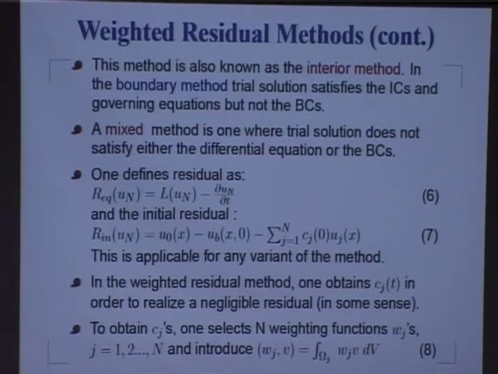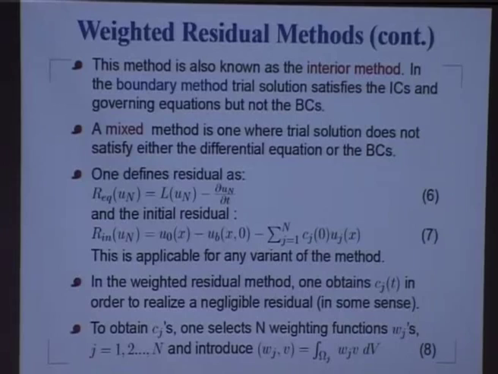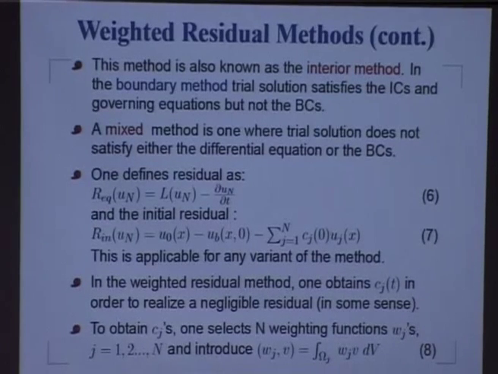In contrast, you can also have boundary methods where the trial solution is chosen in such a way that it tries to satisfy the initial conditions and governing equations as accurately as possible, but does not satisfy the boundary condition. So boundary methods do not satisfy boundary conditions, and interior methods satisfy the boundary condition. This is the essential difference. The third category could be a mixture of the two, where the trial solution need not satisfy either the differential equation or the boundary condition.